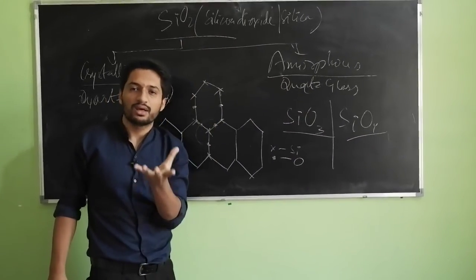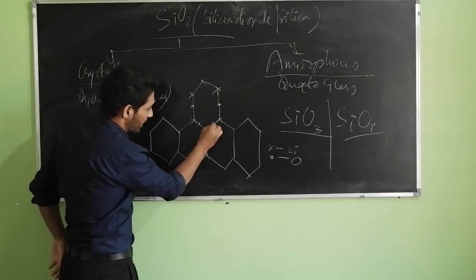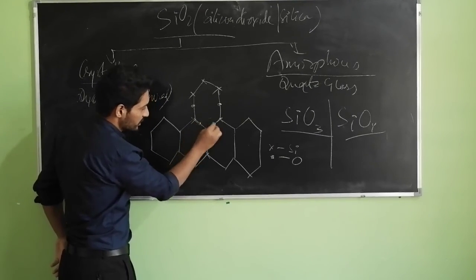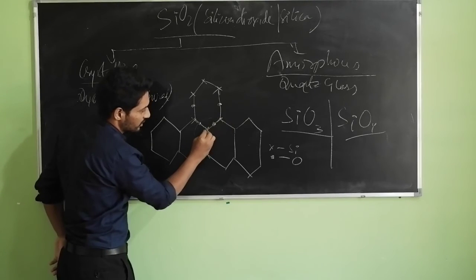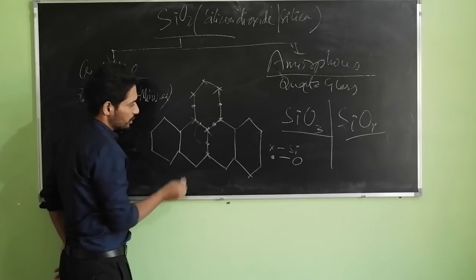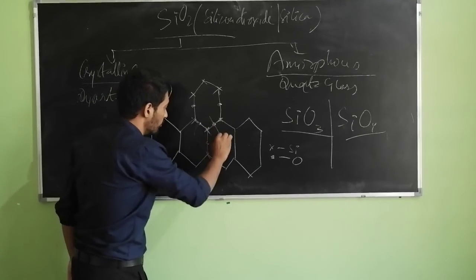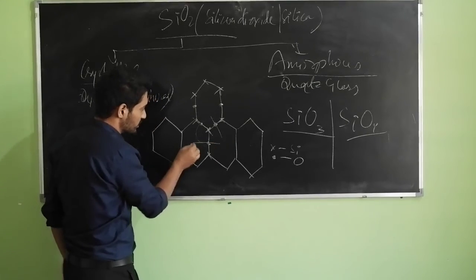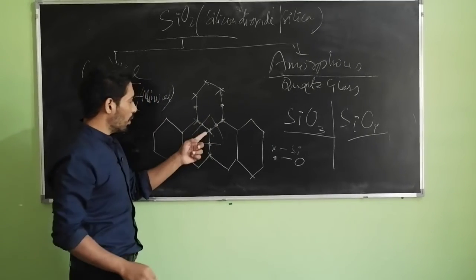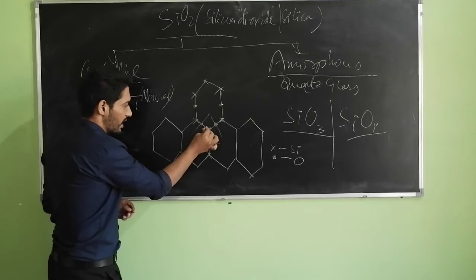Why is that the case? The reason is, if you look at the oxygen atom, this oxygen atom is being shared by two silicon atoms. You see that? 1, 2. So in case of this silicon atom, what we have is only half of an oxygen atom. Same this half, same this half. So for one silicon, we have 1, 2, 3, and the fourth half oxygen atom.